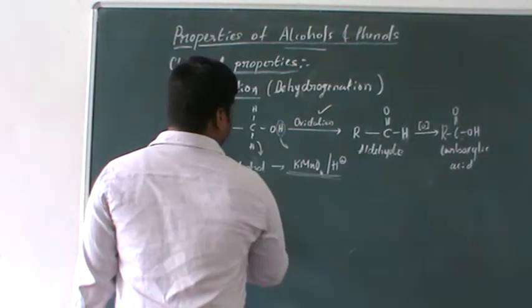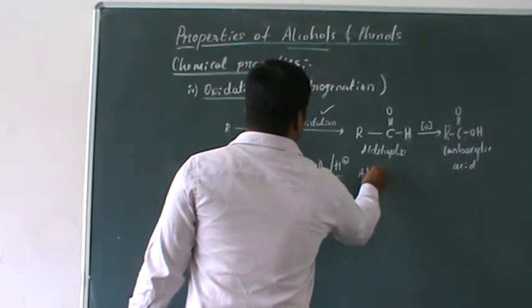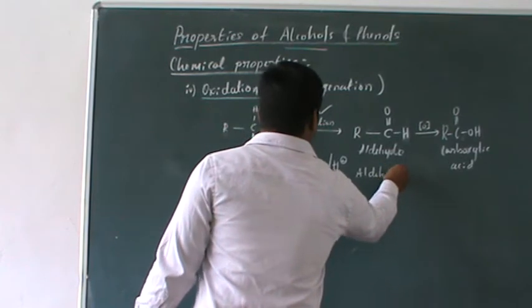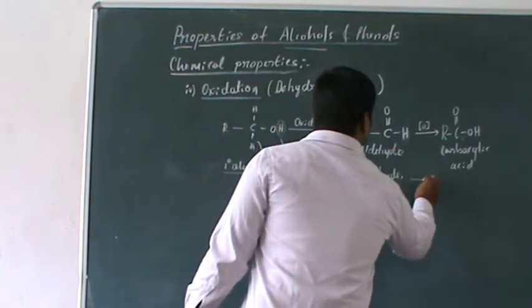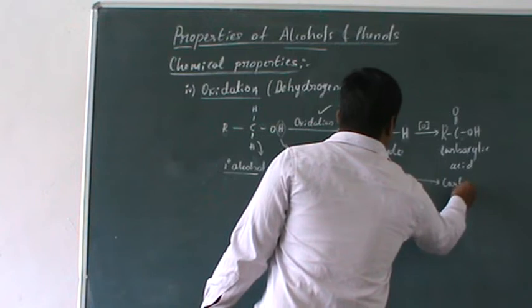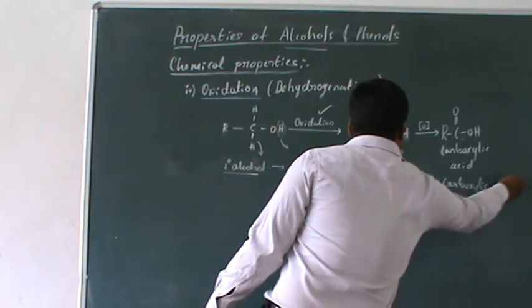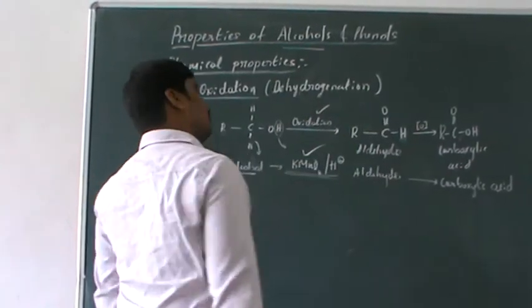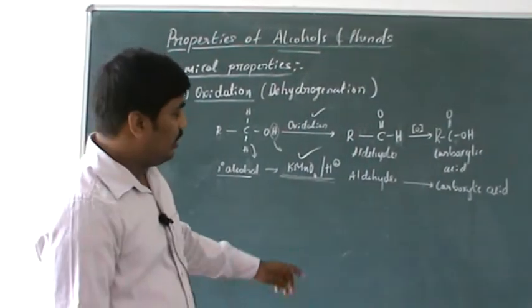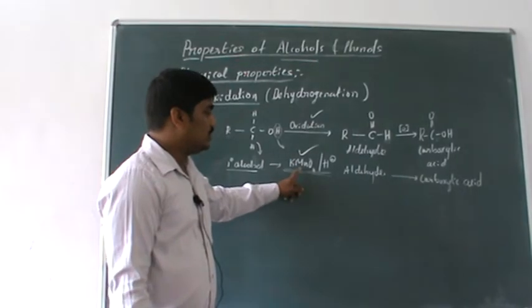Primary alcohol produces the corresponding aldehyde, and afterwards it produces carboxylic acid. The reason is that KMnO4 is a strong oxidizing agent.